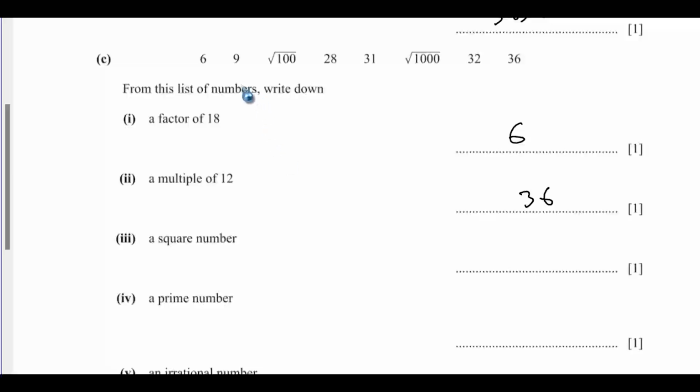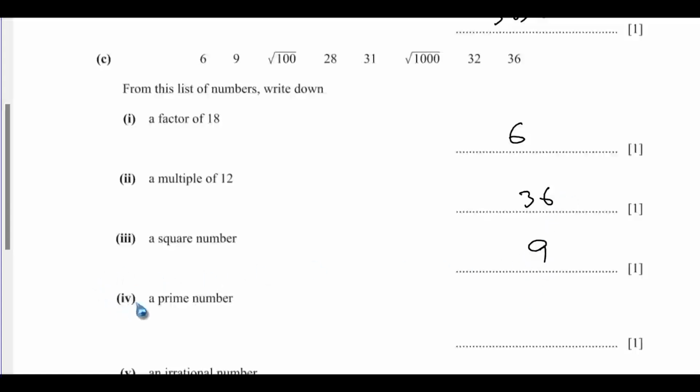So here we have 9, that is 3 times 3, and we also have 36, which is 6 times 6. So any one of them could also be your answer. Since I've written 36 here, let me just pick 9. But it's okay if you still pick 36.